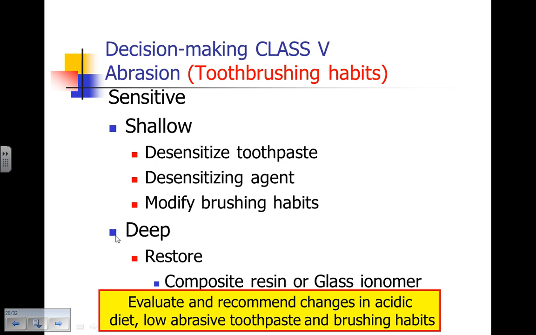For the deeper lesions, we're intervening with restoration using a composite and glass ionomer. And when teeth are sensitive, whether it be abfraction, erosion, or abrasion, we absolutely are also going to recommend a desensitizing toothpaste. For teeth that are severely sensitive, even in the deep or shallow area, when we're doing a restoration, we're going to consider an in-office desensitizing agent treatment.